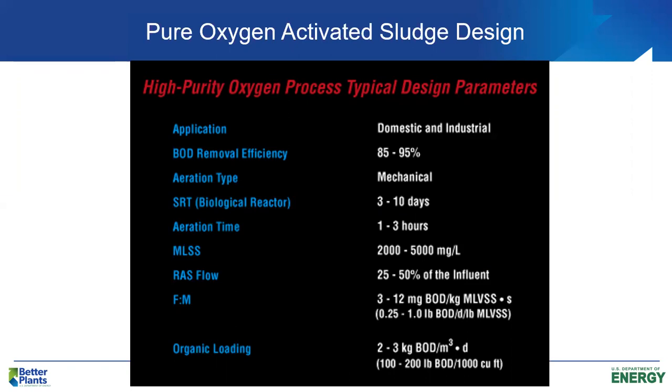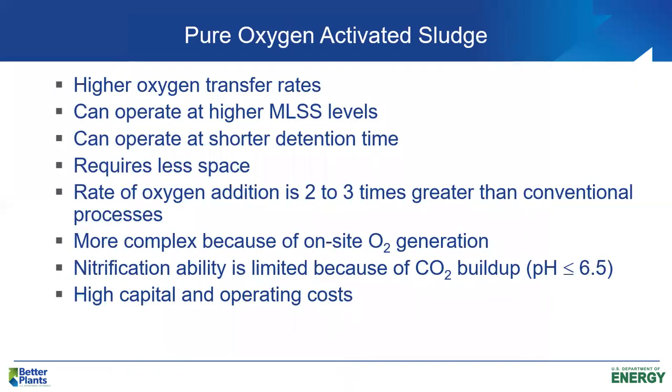So we have small reactors and wastewater is in the reactor for a short period, but we can get excellent removal because we're operating at DO concentrations of around 6 to 10 milligrams per liter typically, and that helps us to be effective even at low detention times and at high organic loading rates. Again, we feed pure oxygen gas into the headspace, and then we use mechanical mixers that will entrain the oxygen into the mixed liquor.